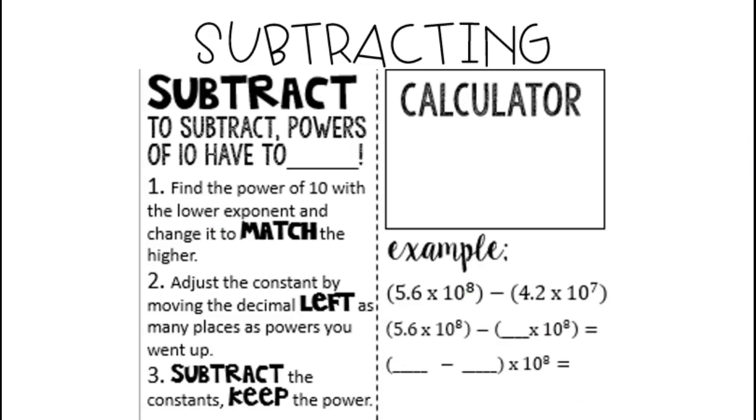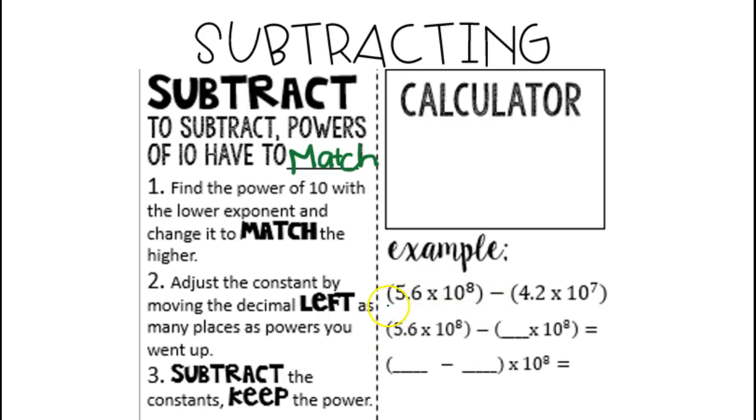Now subtracting, we are going to do the same thing here. When you subtract, the powers of 10 have to match. I want you to find the power of 10 with the lower exponent and change it to match the higher. Okay? To do that, you're going to adjust the constant by moving the decimal left as many places as the power went up.